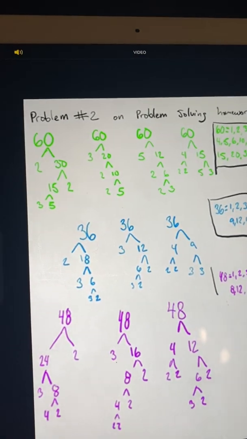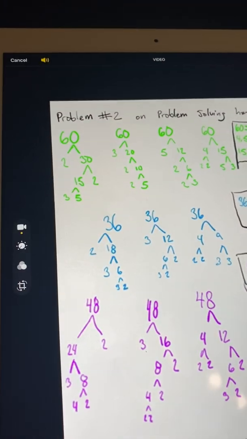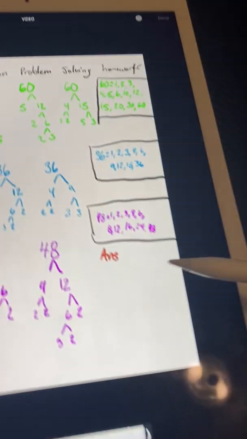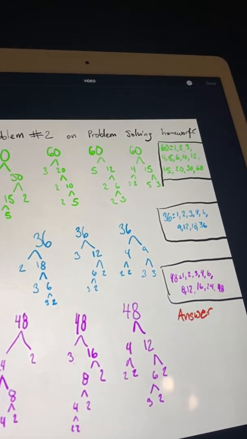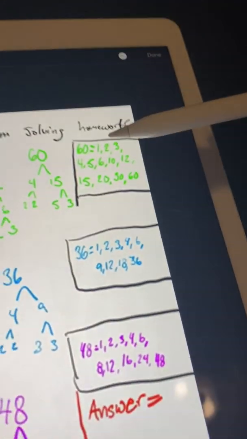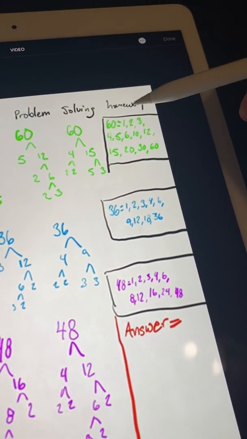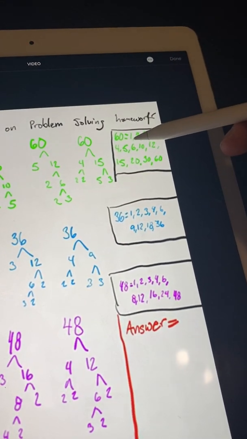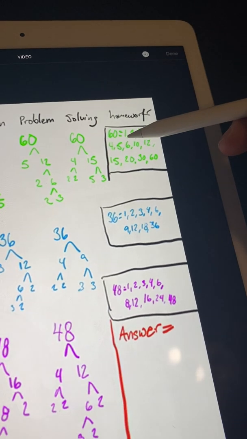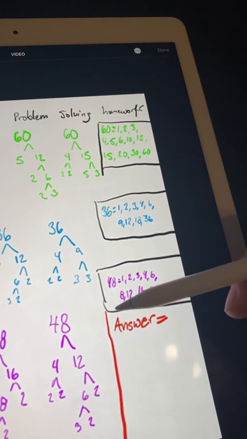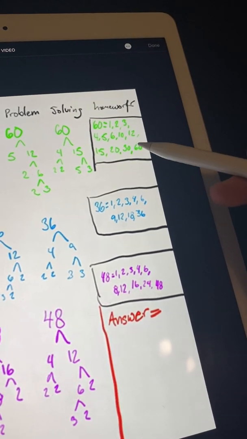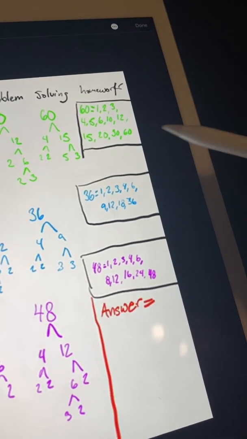Okay, and now I put that there. So the answer for this first question, for this first one, number 2, is, so the way you find the answer is let's look at these 3 little boxes. So you try to find the common, that's the whole point of the homework, is you trying to find the common numbers divisible by the 60, 36, and 48. So which numbers do you find here that are the same is the answer.